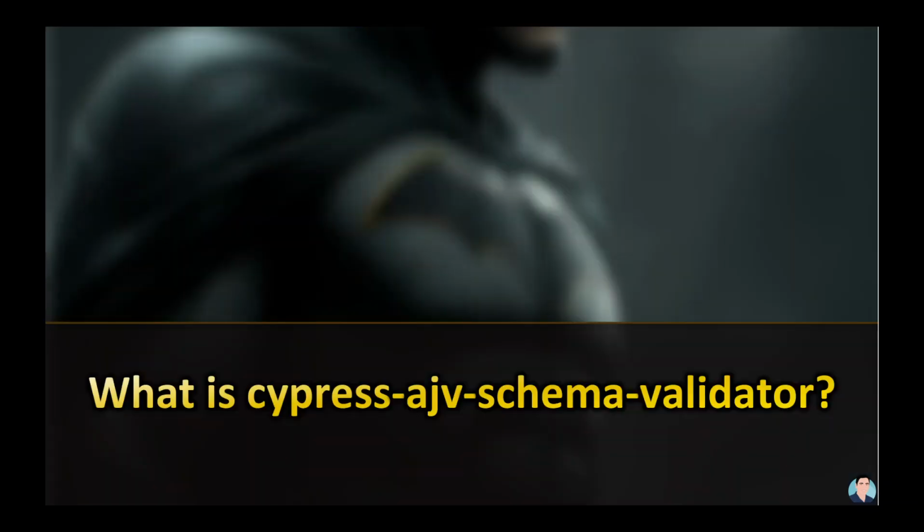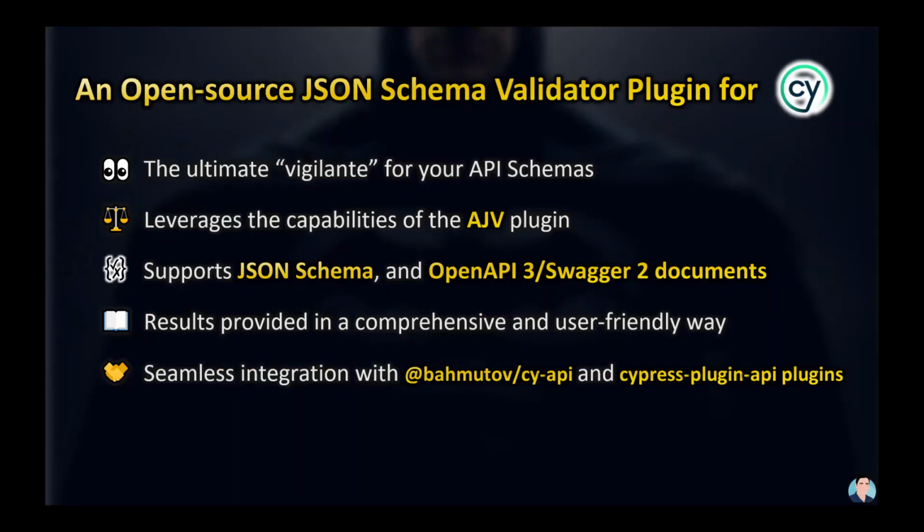And what is CYPRESS-AJV Schema Validator? It's an open source JSON Schema Validator plugin for Cypress. Definitely it is your ultimate vigilante for your API schemas. It leverages the capabilities of the AJV plugin and supports JSON Schema and OpenAPI 3 and Swagger 2 documents.